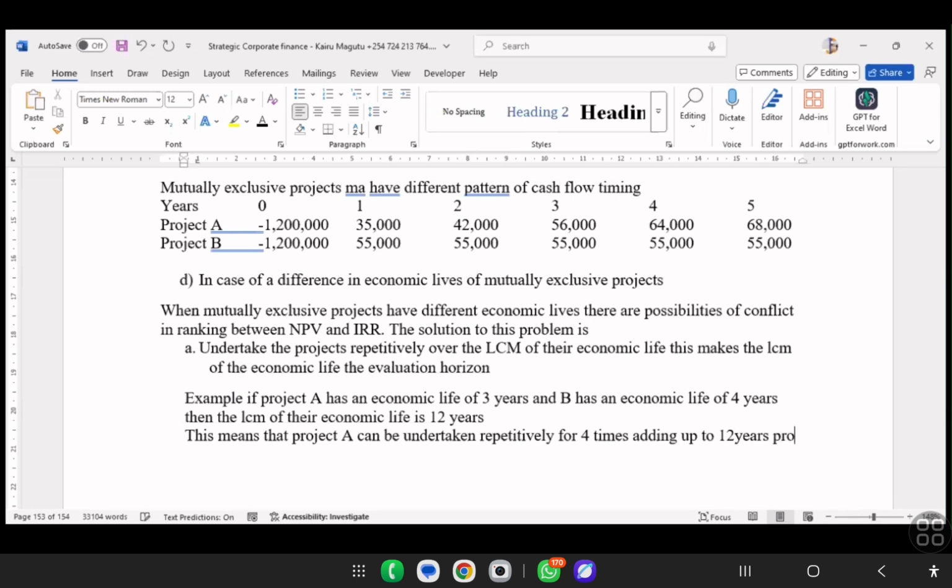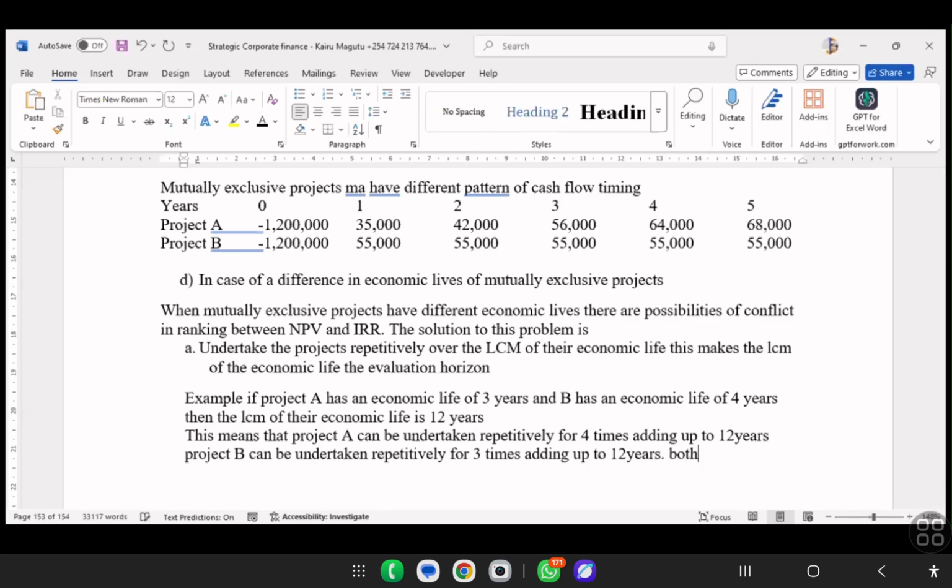Project B can also be undertaken repetitively, for 3 times. You take 4, again 4, adding up to 12 years.